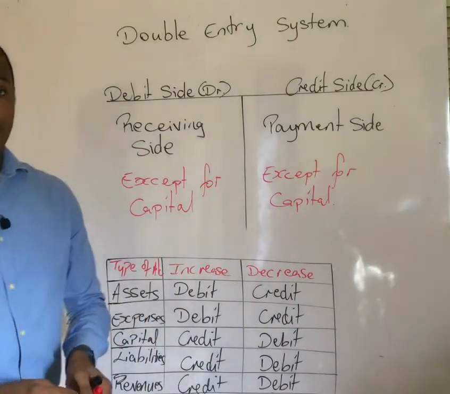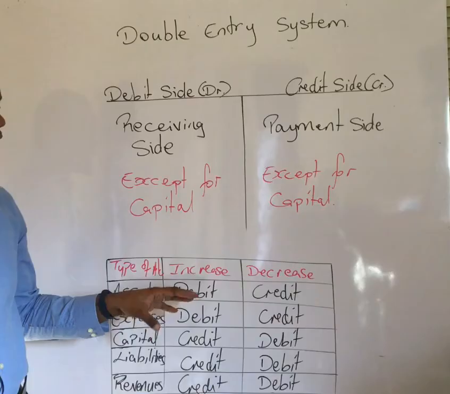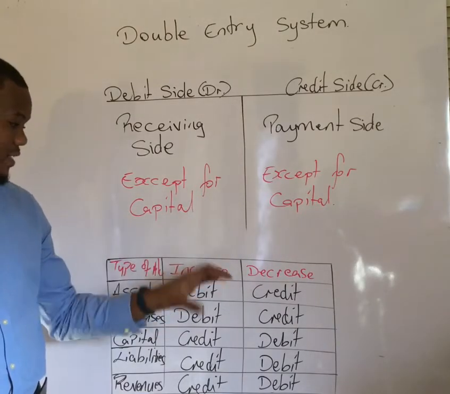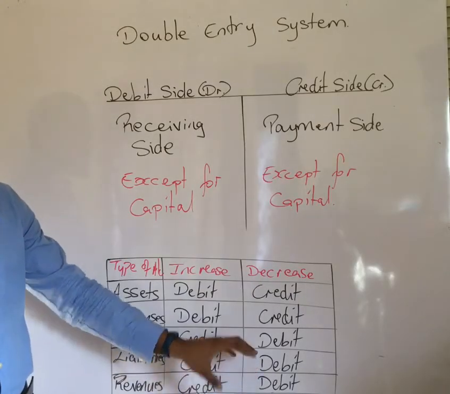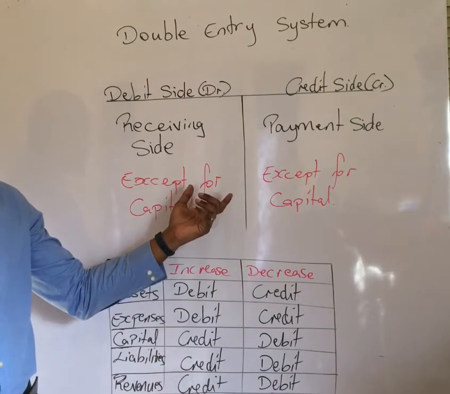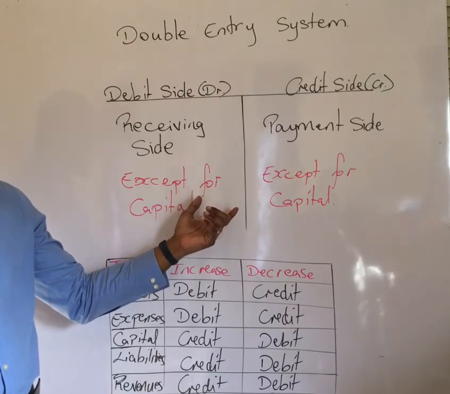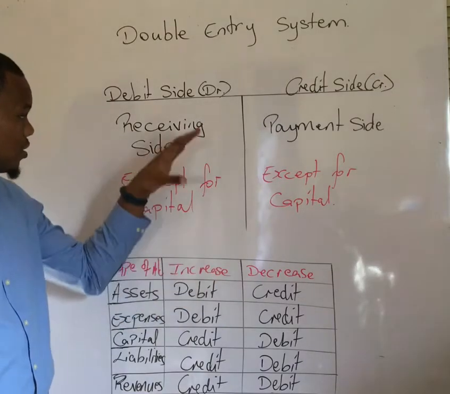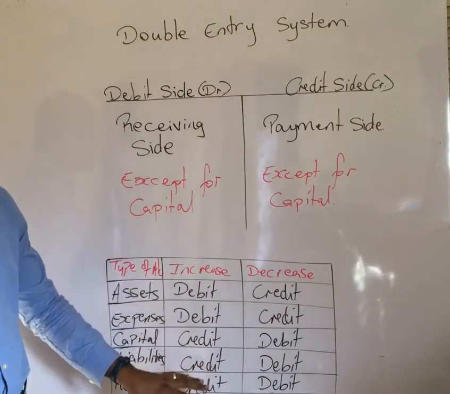All right. So this is the correct way. This is the correct principle. This can help you as an introduction to understanding this. I know that there are some textbooks that teach the receiving and the payment method of the double entry as an introductory phase to help students understand the principles of the double entry. But this is the correct way.